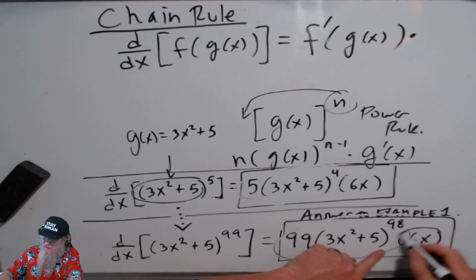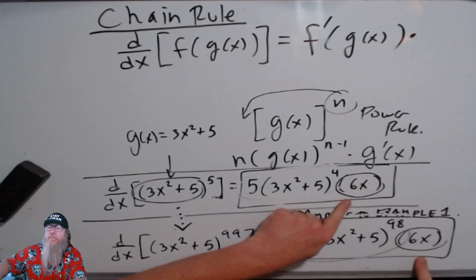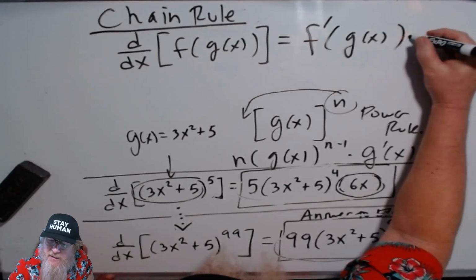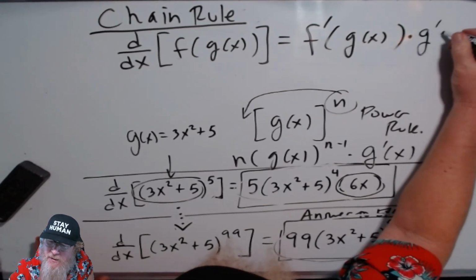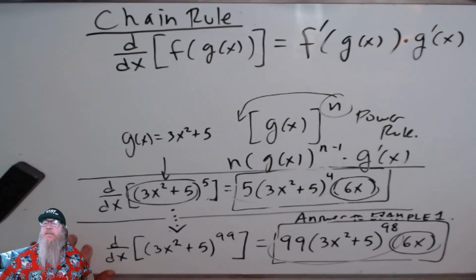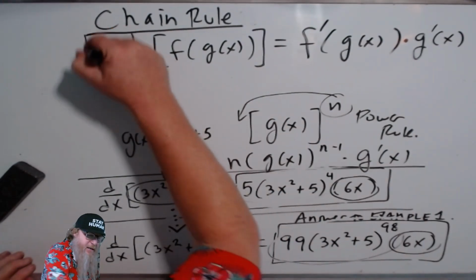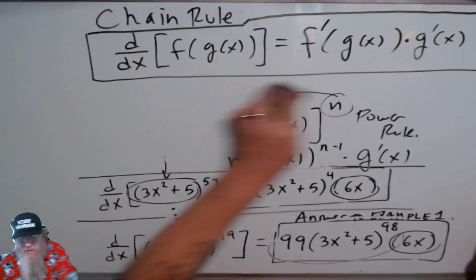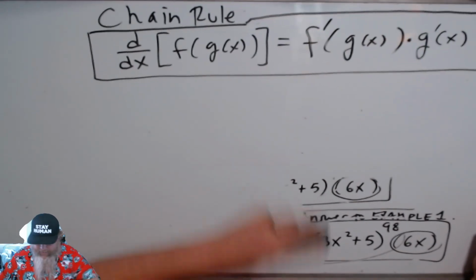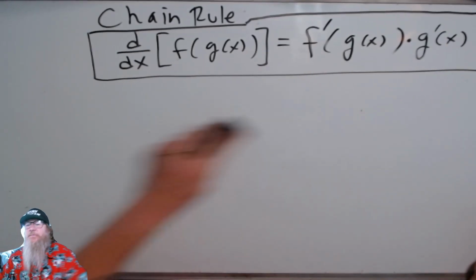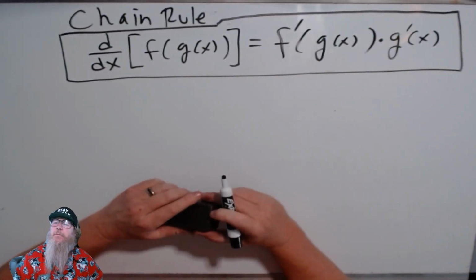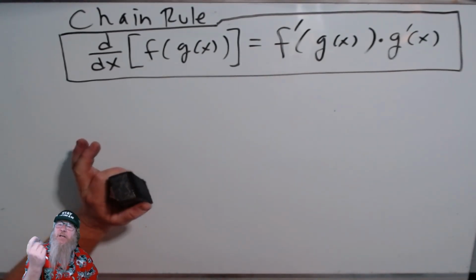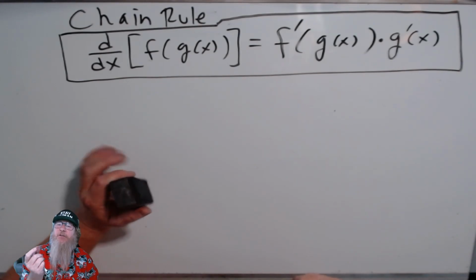Times, and then this little thing off to the side, I sometimes call that the sidecar, sort of riding on the side of the motorcycle, g prime of x. So this is the rule that will win the day for this lecture, called the chain rule. We start very simple with chains that are only composed of two functions, f and g.